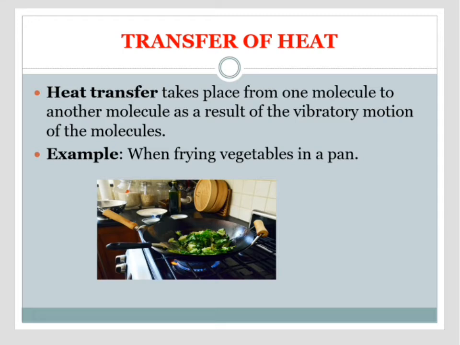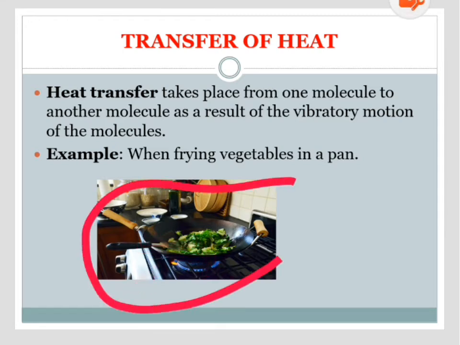Example: when frying vegetables in a pan, you might have observed that the frying pan becomes hot when kept on a flame. It is because the heat passes from the flame to the utensil. When the pan is removed from the fire, it slowly cools down.